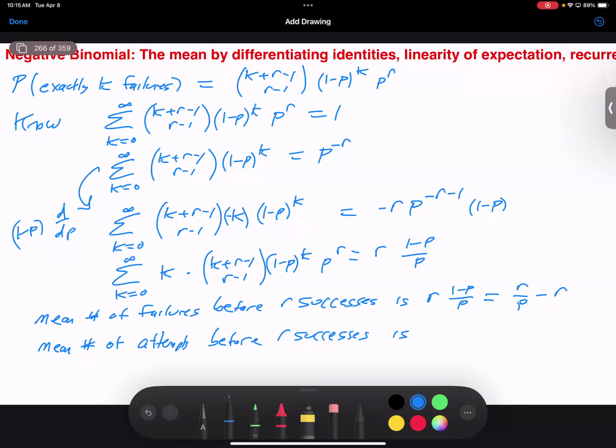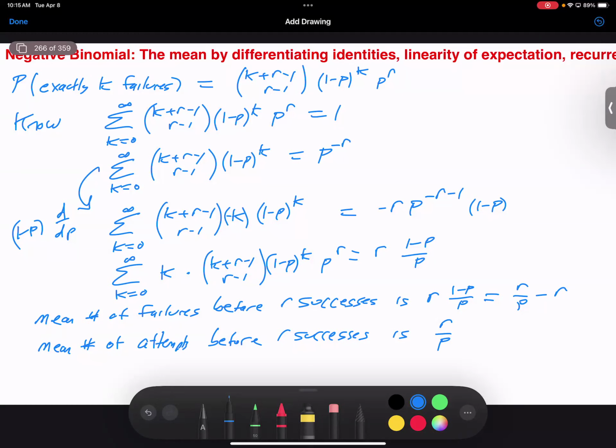They differ by r. So it's just r over p. Okay, so when I see (1-p) over p, I view that as r over p minus r. That minus r is really nice because the difference between failures and attempts is this extra factor of r.